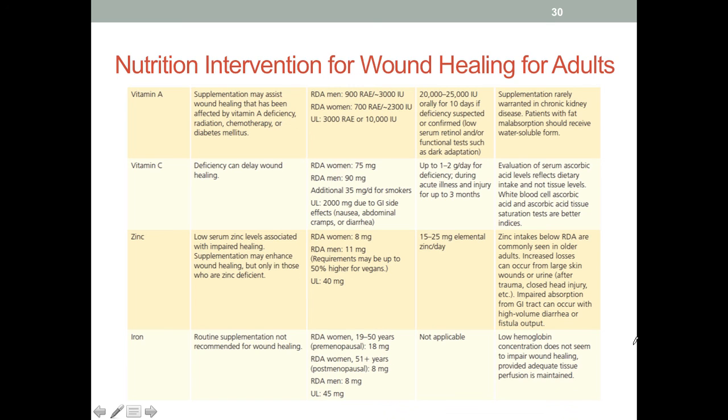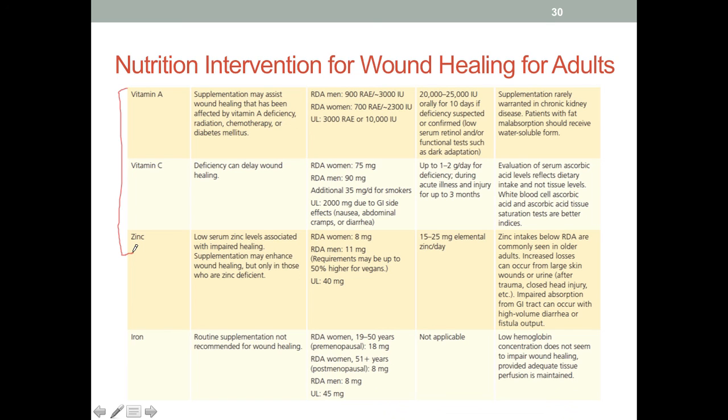In addition to those macronutrients and energy, we also need to pay attention to some of the micronutrients. For example, vitamin A, C, and zinc. These are called for if we want to promote wound healing for different reasons.